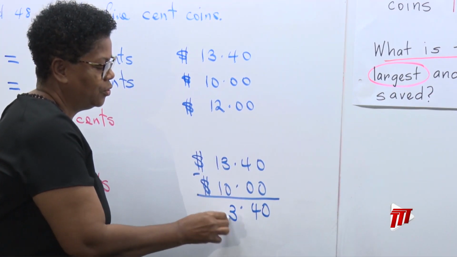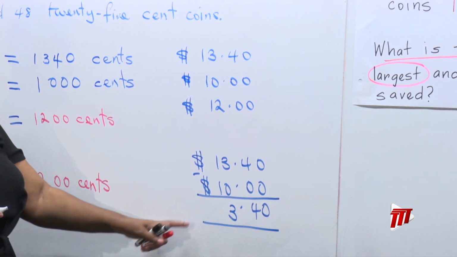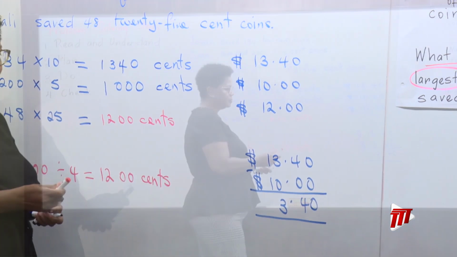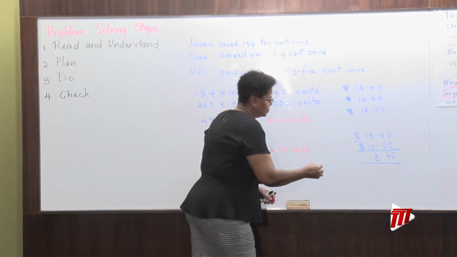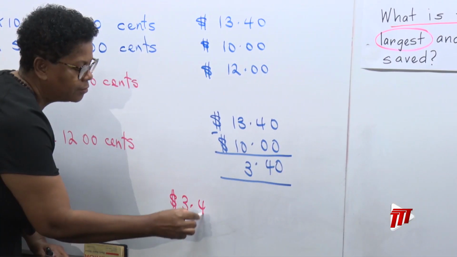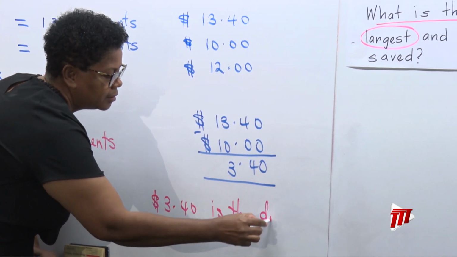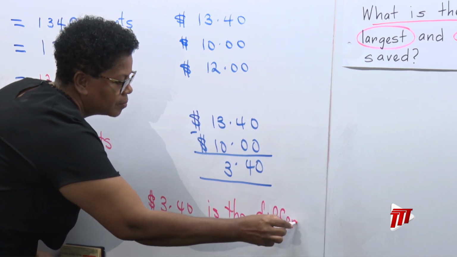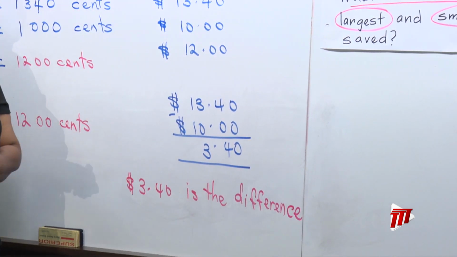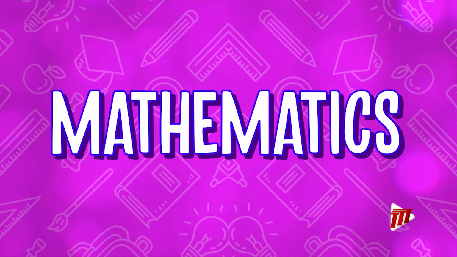Answer is $3.40. $3.40 is the difference. And that's the solution for problem number 4.